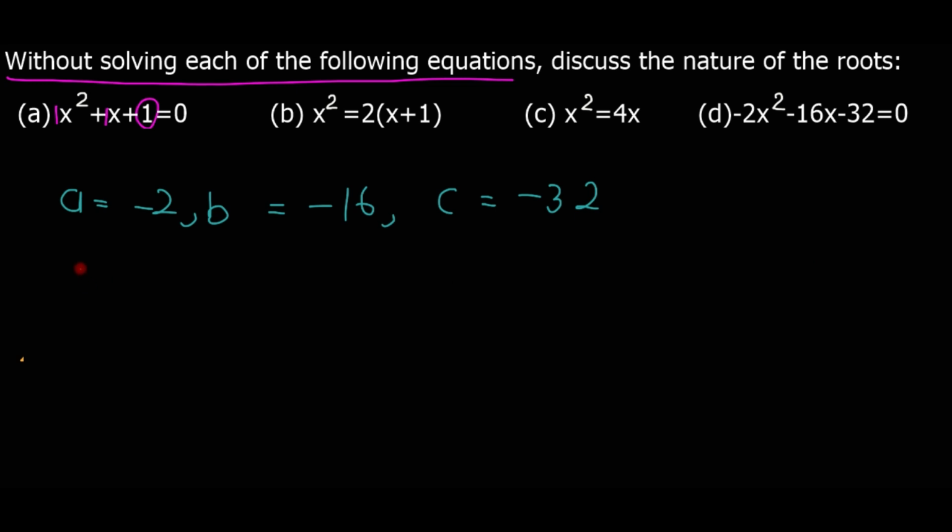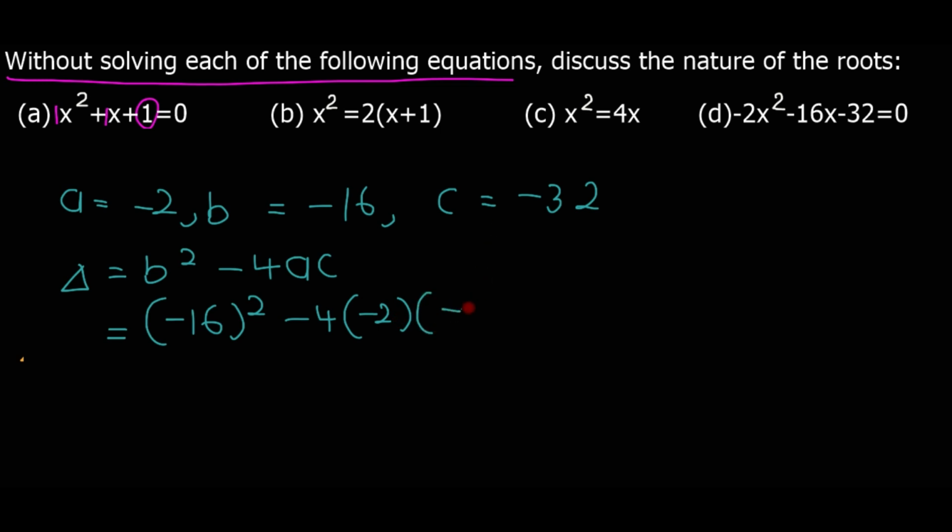So using the discriminant, B squared minus 4AC, B is negative 16, minus 4, and then A is negative 2, and C is negative 32. So the answer that we get is 0.